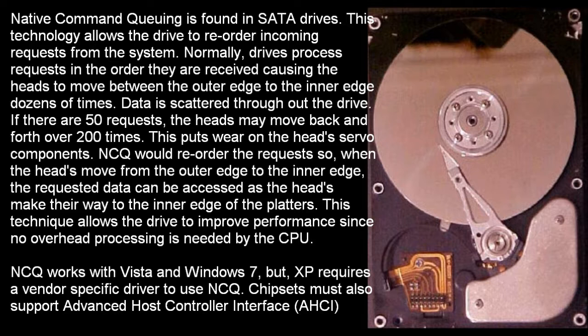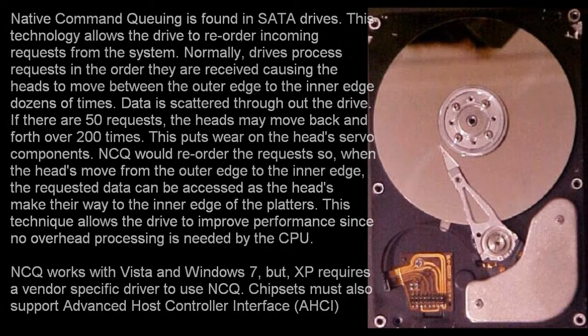The system doesn't. Normally, the hard drive would answer requests in the order that they were received. This means if a lot of requests come in, it could work the drive hard, because the data is scattered all throughout the drive. And I'll show you an example here.